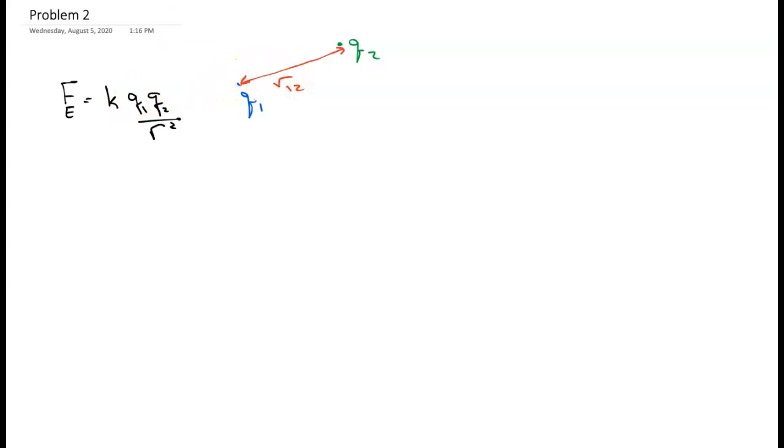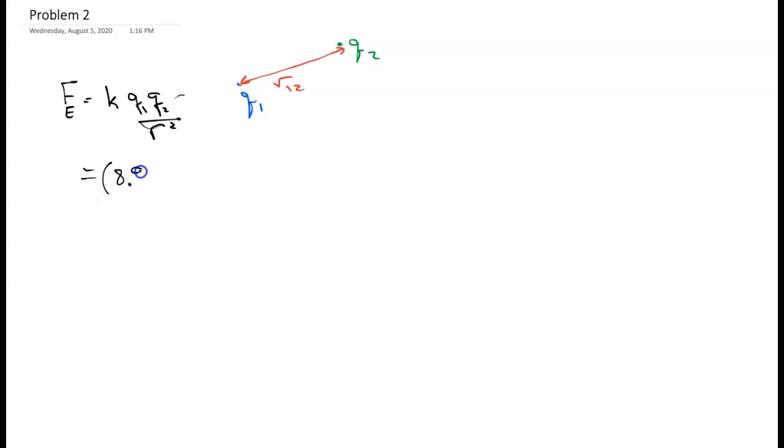Then Coulomb's law says the magnitude of this force is given by this equation, where this is going to be a repulsive force if Q1 and Q2 are the same charge, or attractive if they're opposite. So since we're looking at two protons, we know that they're going to be a repulsive force.